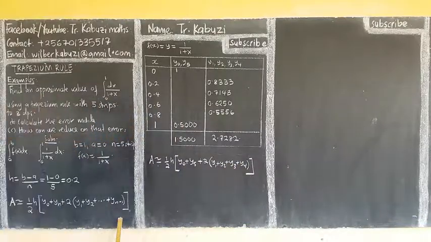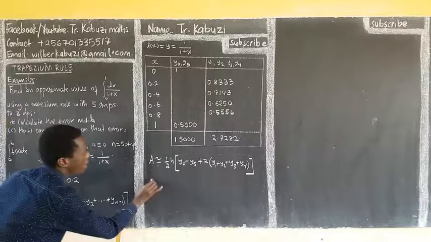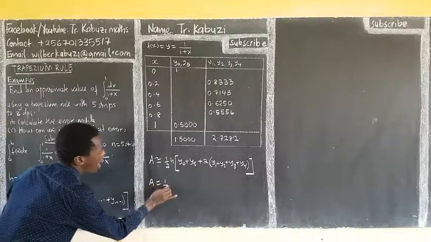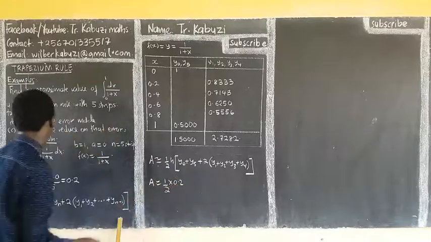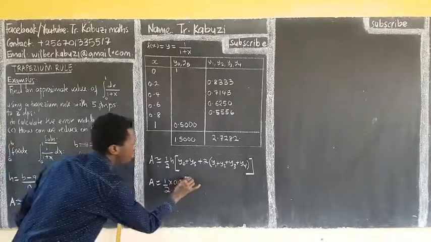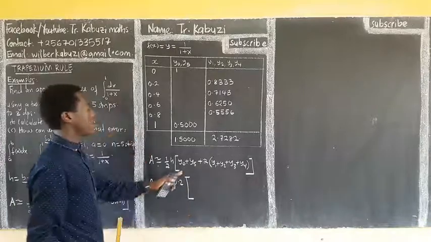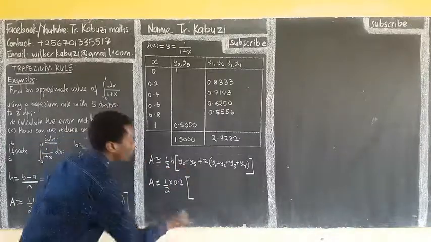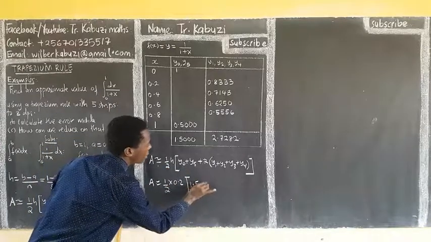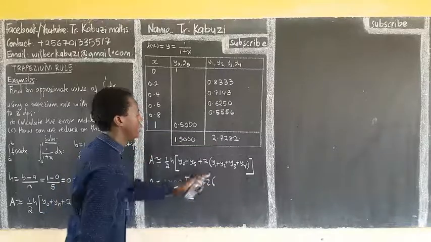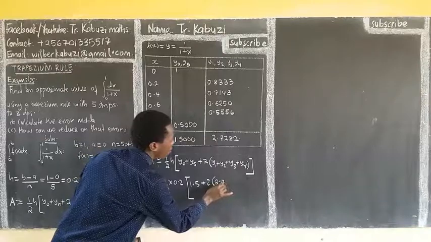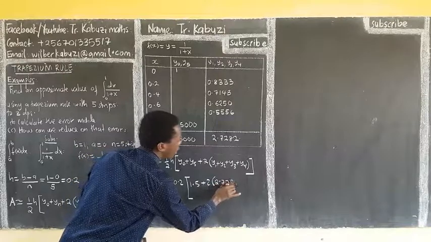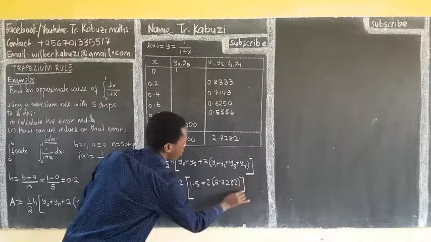Then it's a matter of substituting. So now my a will be a half times 0.2, my h, into, when we sum these two, we got 1.5, then plus 2 into the sum of all these ones, 2.7282. Then close.